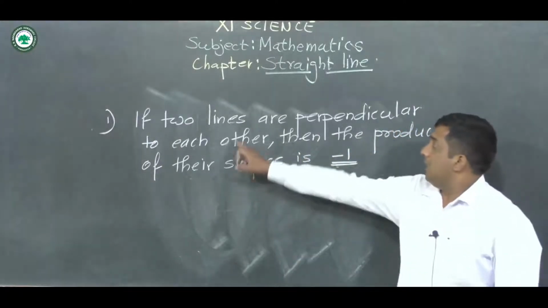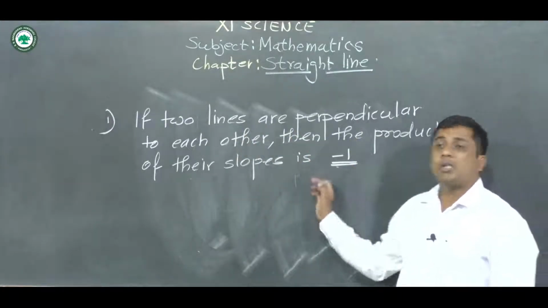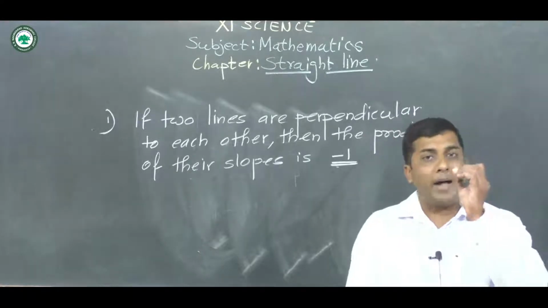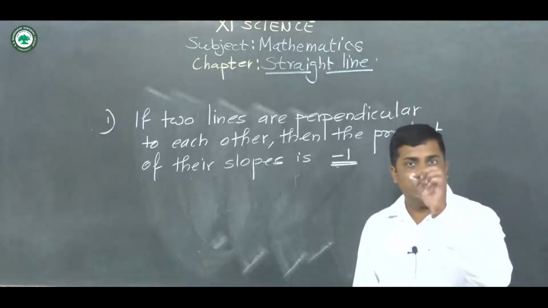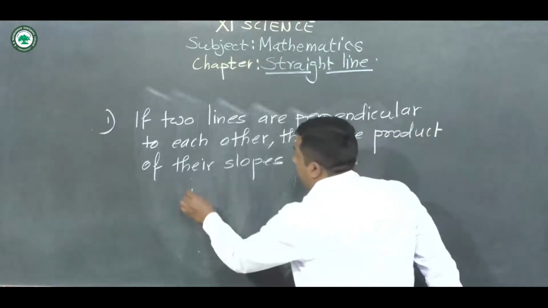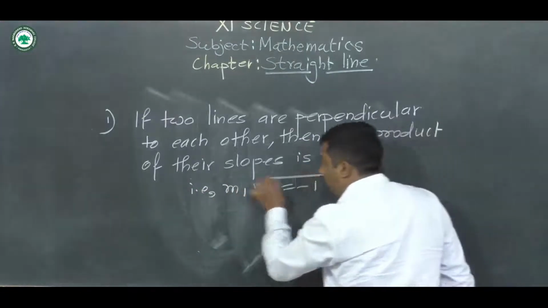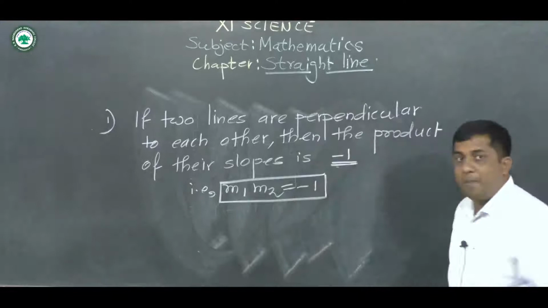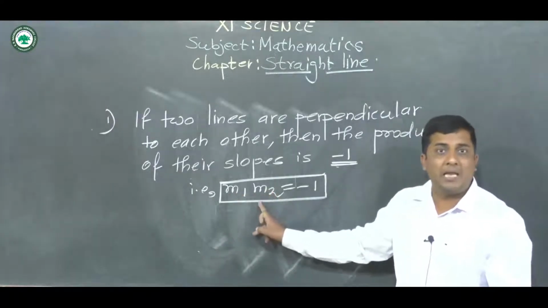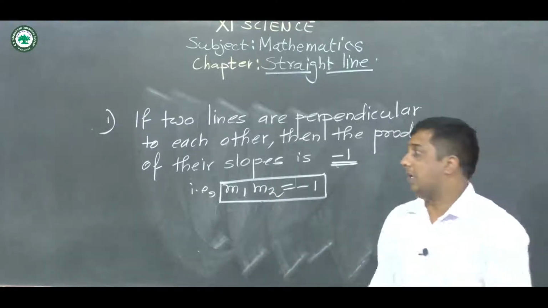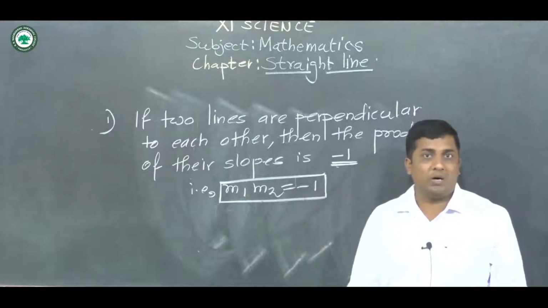I repeat again, if two lines are perpendicular to each other, then the product of their slopes is always minus 1. Let m1 be the slope of the first line and m2 the slope of the second line, then we get the relation m1 into m2 is equal to minus 1.